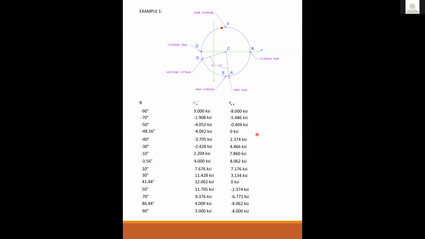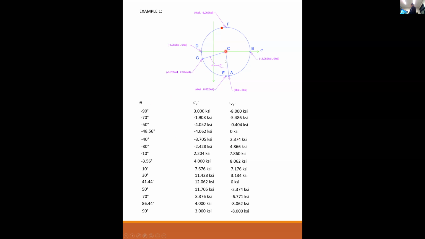I have a question, Professor. Sure. So over here, it's negative 90 and 90. They both have the same tau values, but it's negative 70 and 70. They're not the same. Right. That is correct. Because minus 90, remember you go 2 theta on the circle.